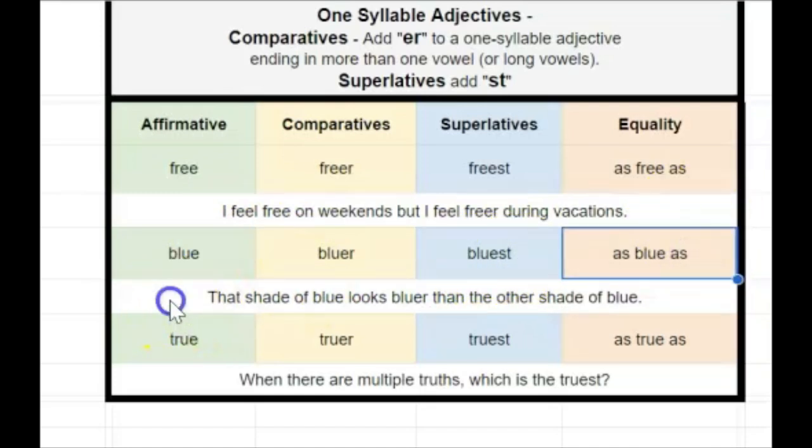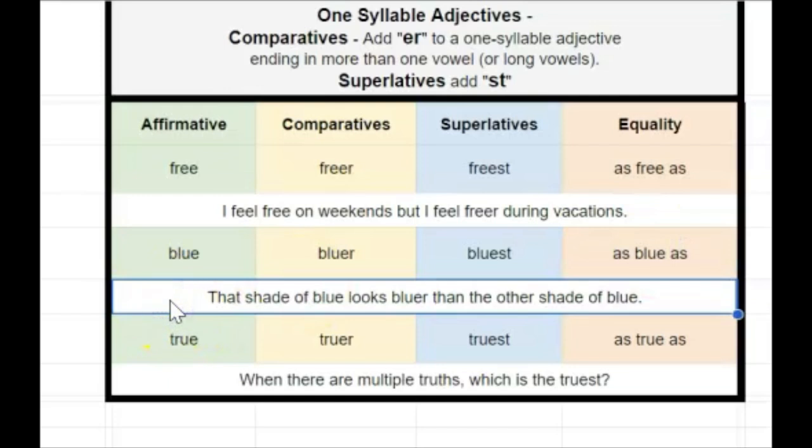The example sentence is, that shade of blue looks bluer than the other shade of blue. A shade is like a type of a color, so it might be light blue, really dark blue, or whatever type of blue. Some colors have other colors mixed in.